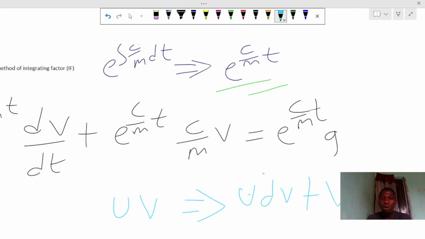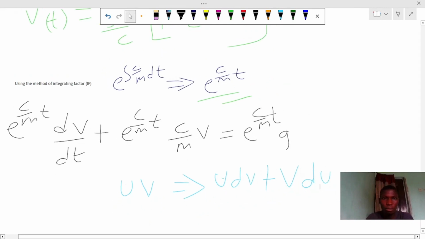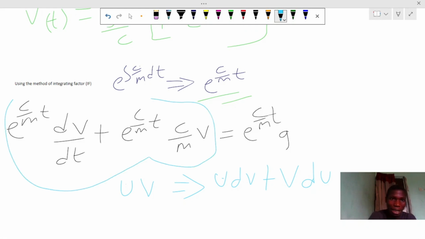Now, looking at this part, it is in this form of the product rule. Can you see that? So that means at first you have this u.